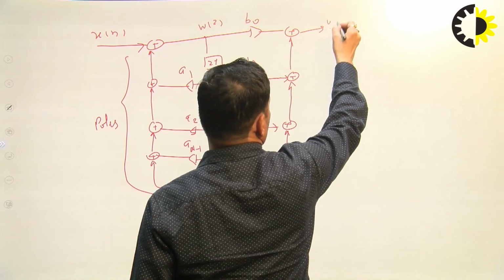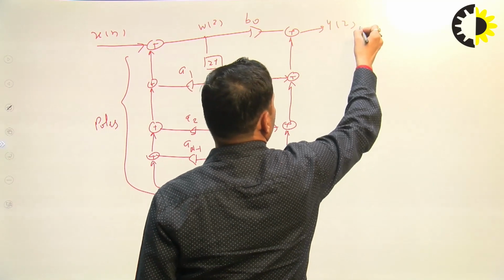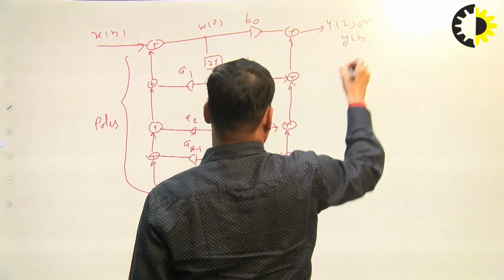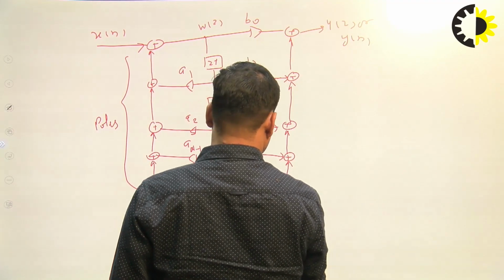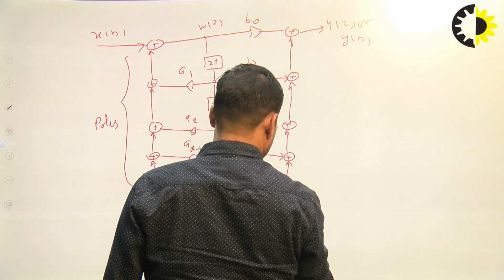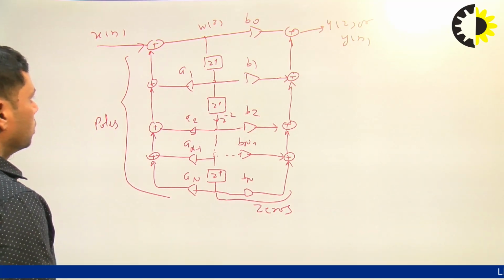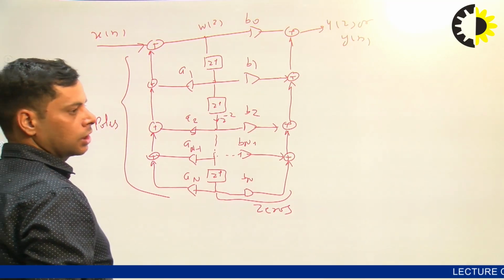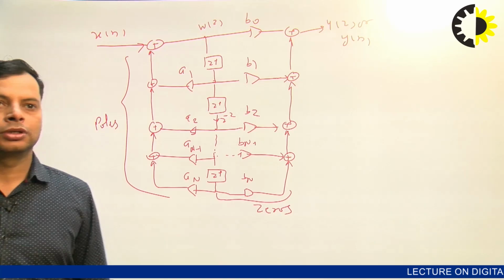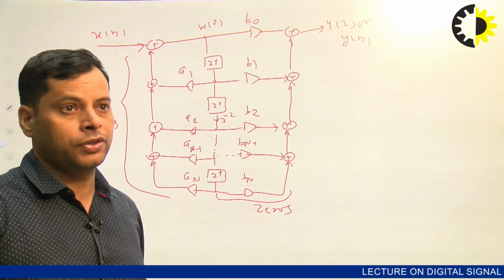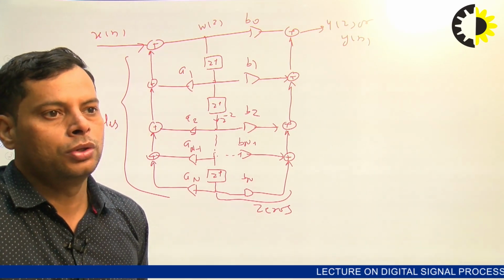Now, we can get the output Y(z) or y(n). This part includes the realization of the zeros. So, this complete structure represents the realization of any IIR filter with the help of direct form 2 method.